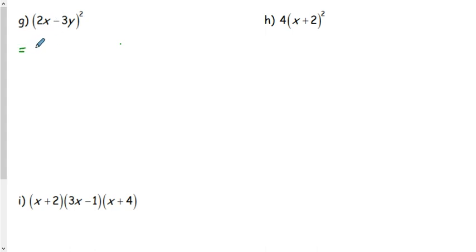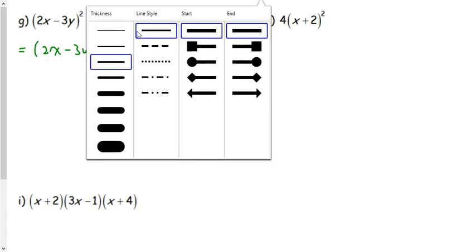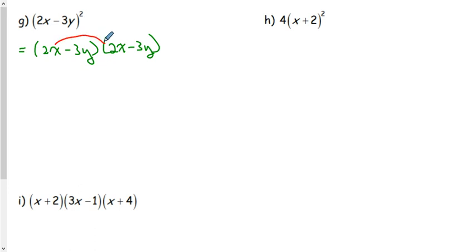First thing we're going to do, same as we did before, we're going to write it twice. Good, we wrote it twice. Okay, let's multiply through the brackets. We're going to have 2x times 2x, 2x times negative 3y, negative 3y times 2x, negative 3y times negative 3y.